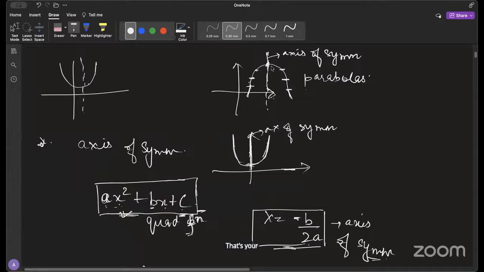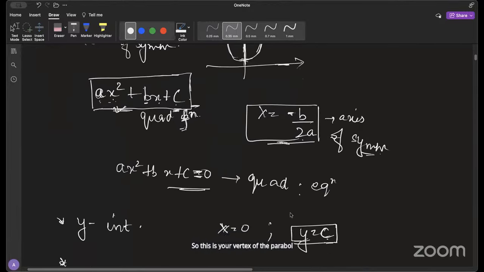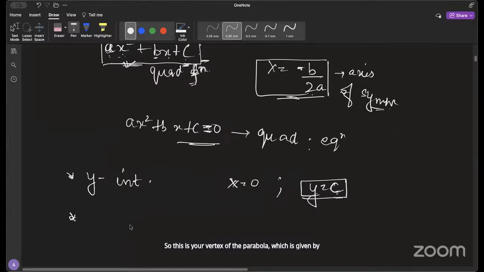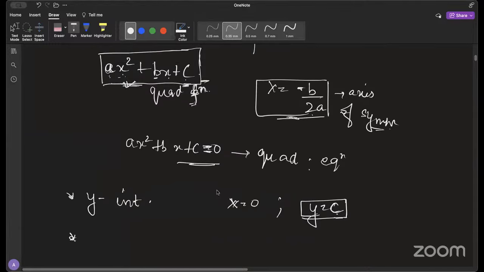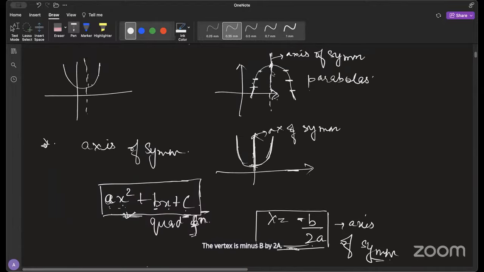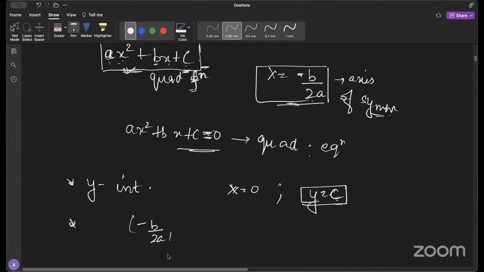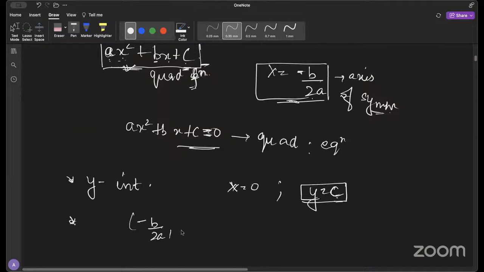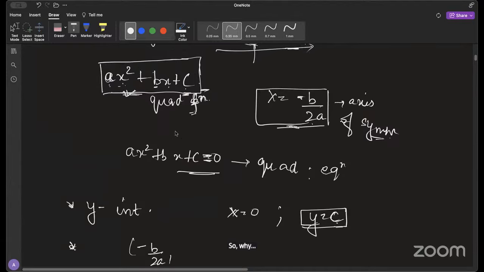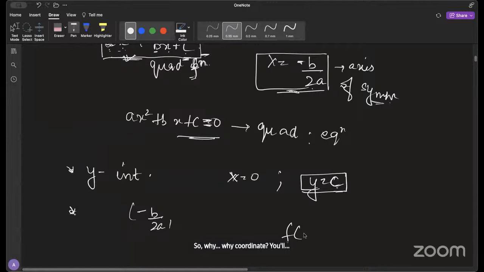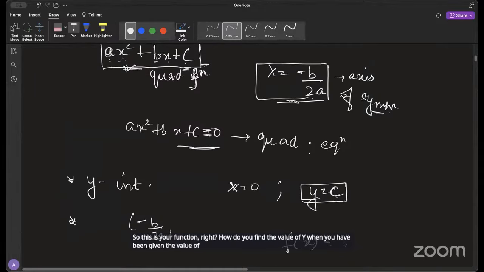That's your vertex. So this is the vertex of the parabola, which is given by minus b by 2a, and the y you'll have to substitute. So this is your function, right? How do you find the value of y when you have been given the value of x?